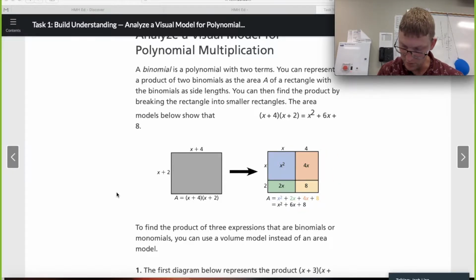If you do all of that, you'll get this, and then you'll eventually end up with our polynomial. So this part is the binomial, this part is the polynomial. That's just one of our vocabulary words that we should keep track of.